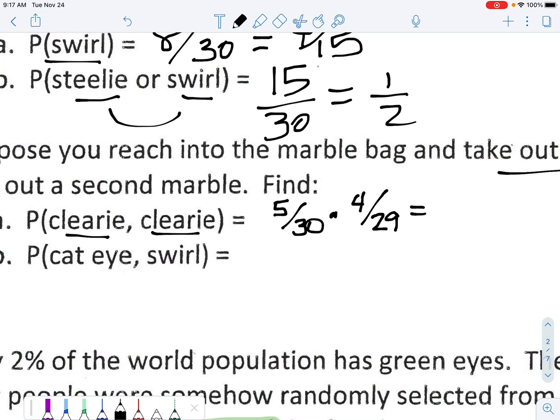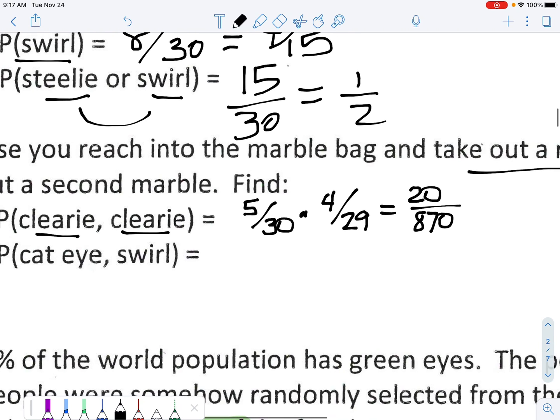All right, and now we would multiply these together, and we would get 20 over 3 times 30 is 90 minus 3 is 87, 870, I think is what I get. Let me double check that with my calculator. 30 times 29, 870. All right, we can see that this reduces down to 2 over 87.